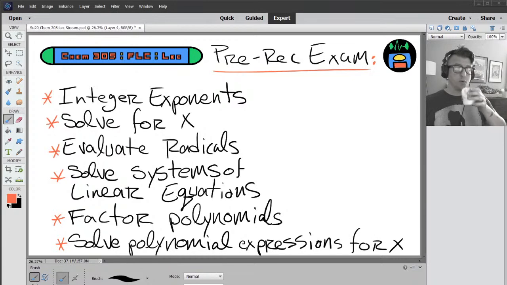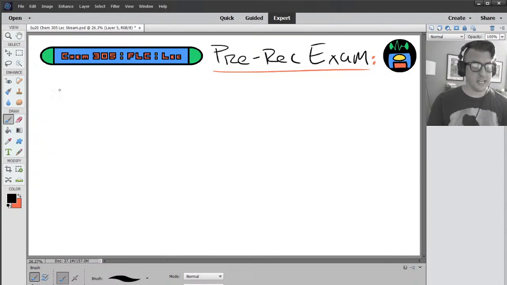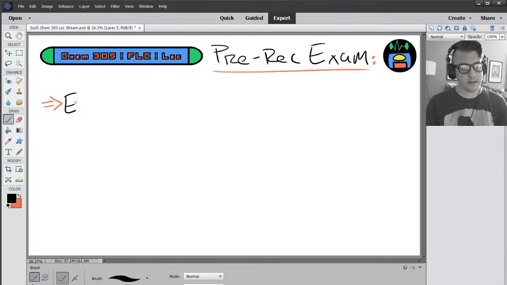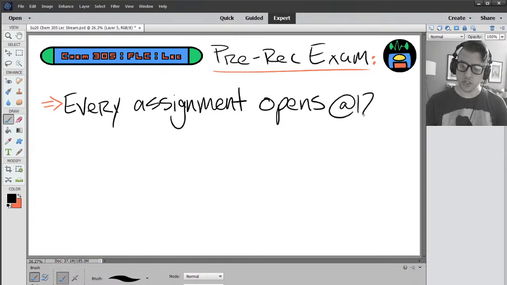All right. So again, the Pre-Req exam, and this part is important. It is true for every assignment in this class. Every assignment opens at 12 a.m. on the opening date.